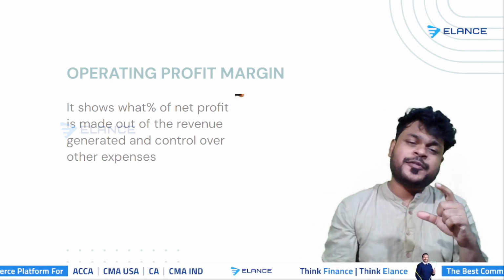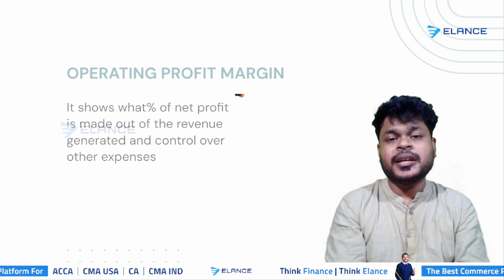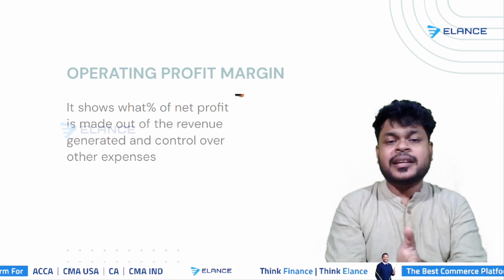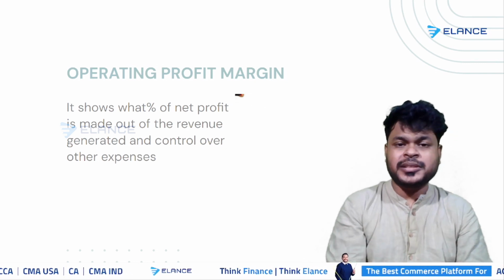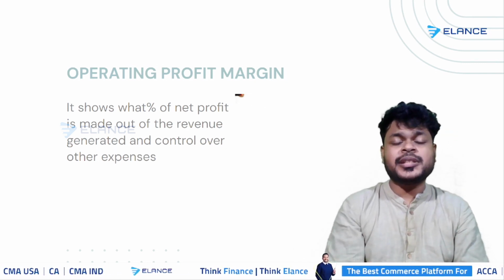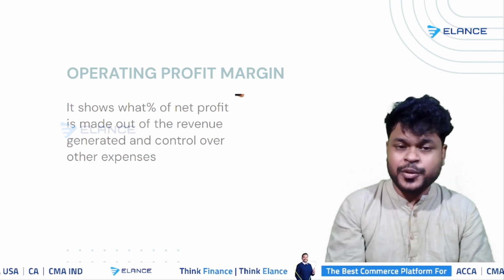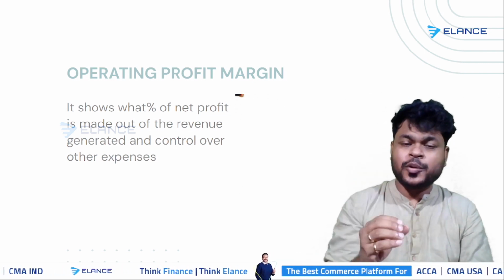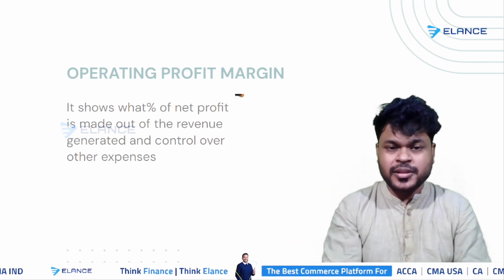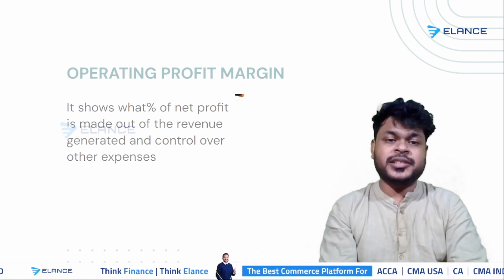Is it because of new income generated from the sale of a non-current asset or from a discontinued operation? If that is the case, then you have to say that it looks like we have control, but we really don't have control. The operating expenses seem low due to these incomes. That is something you have to mention.